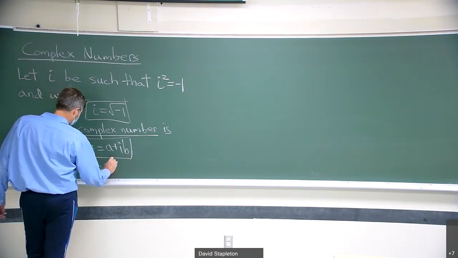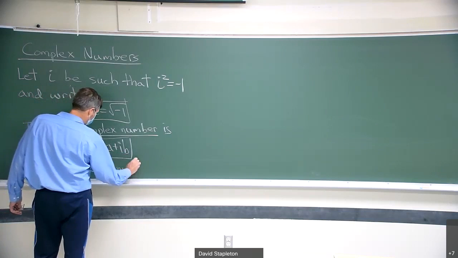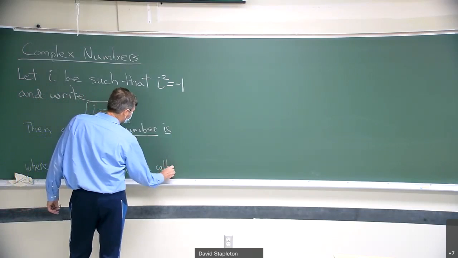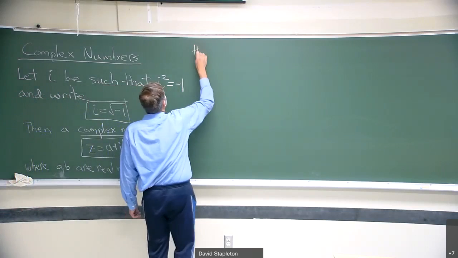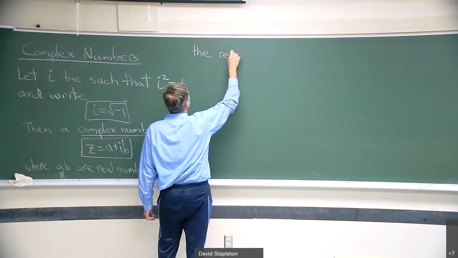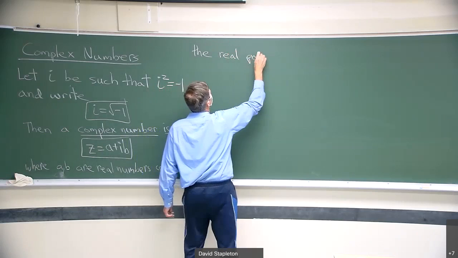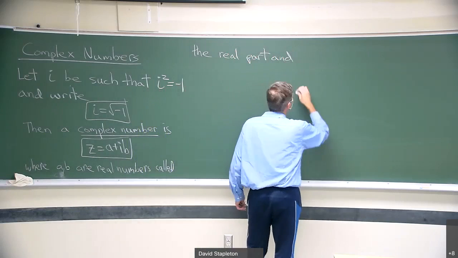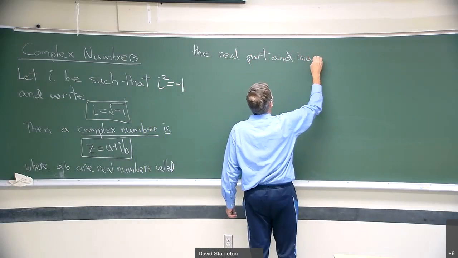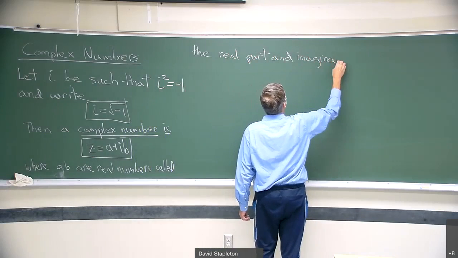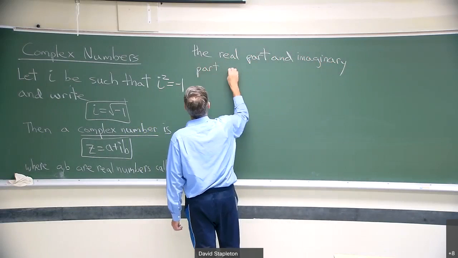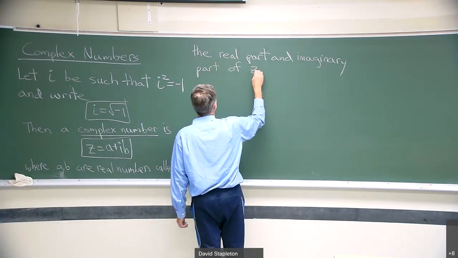These are real numbers, respectively called the real part and imaginary part of z. And we give some notation that they might see in the literature.